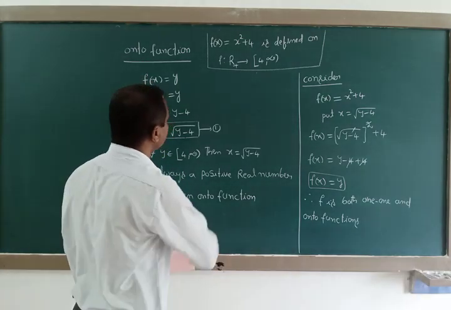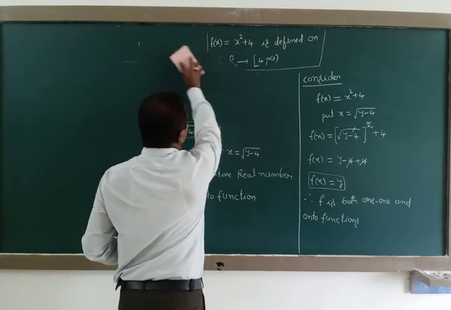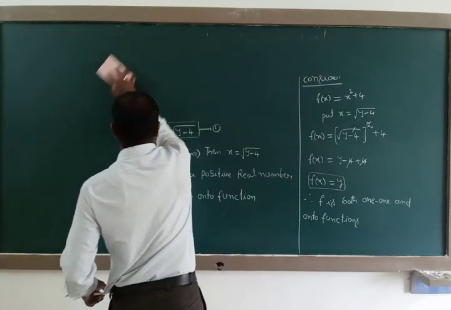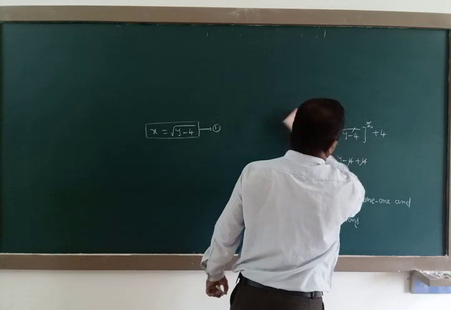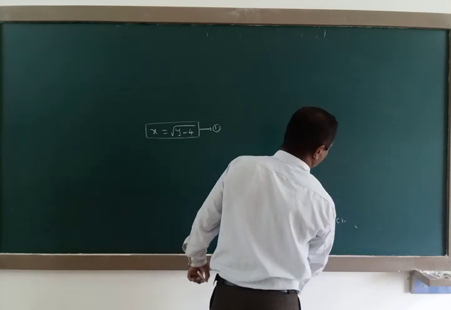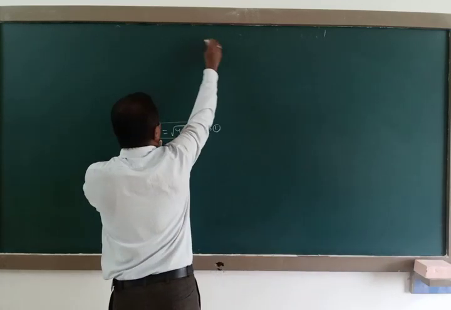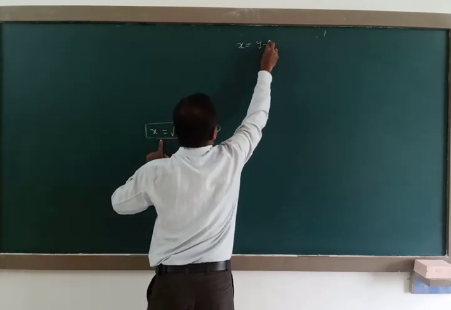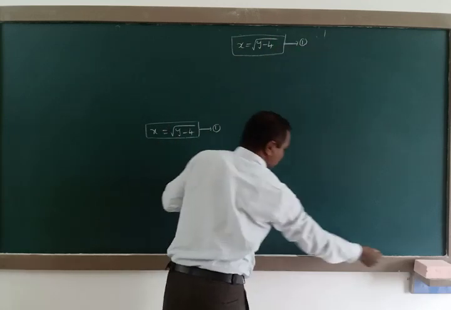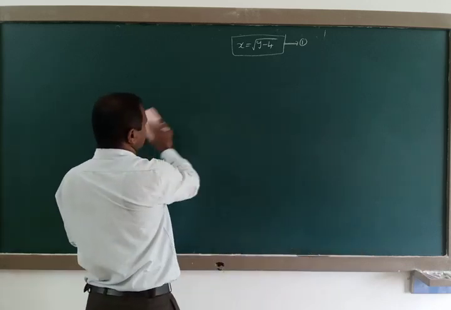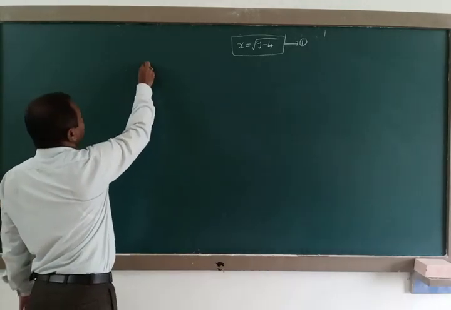F is both one-one and onto function. Thus, therefore, f is said to be invertible.